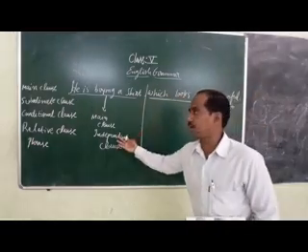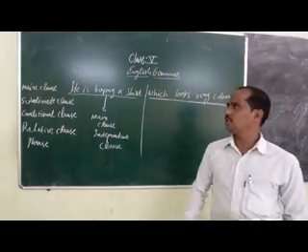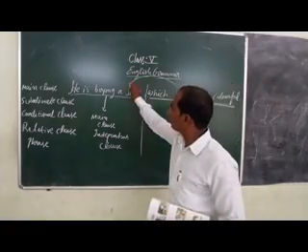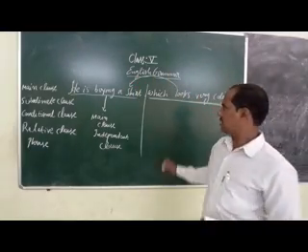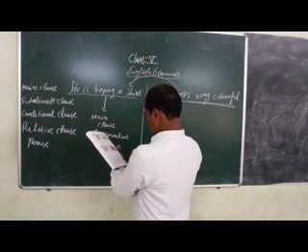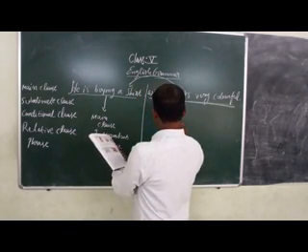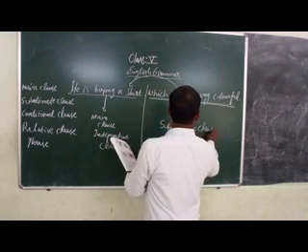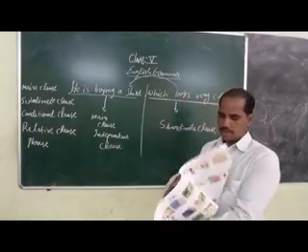Since it looks very colorful, that's why he bought that shirt. Understood? Because this sentence has to depend on the other sentence, that's why it is called a subordinate clause.